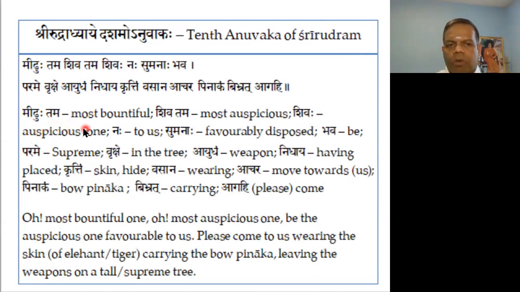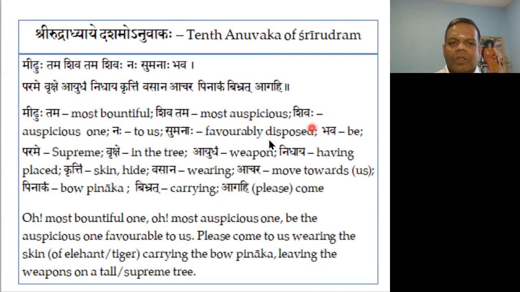The one who is most bountiful. Shivatama: we have already looked at Shivataraya, Om Namah Shivaya, Shivataraya. Shiva means auspicious one, Shivatara means one who is more auspicious, and Shivatama means most auspicious. The next word is Shivah, the auspicious one.